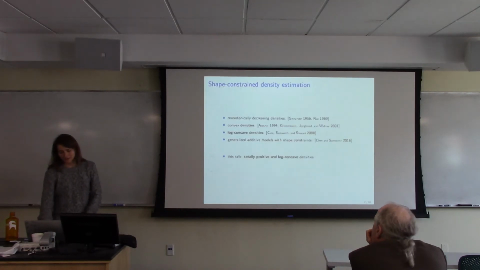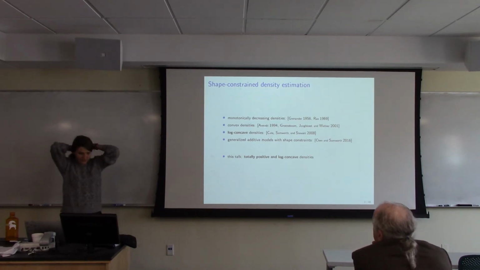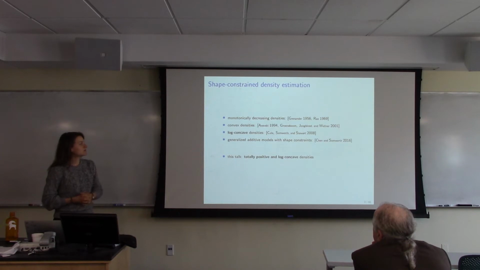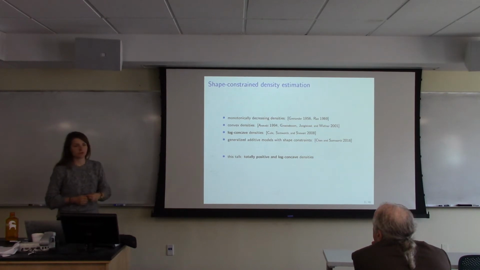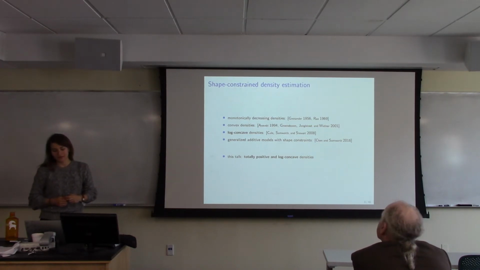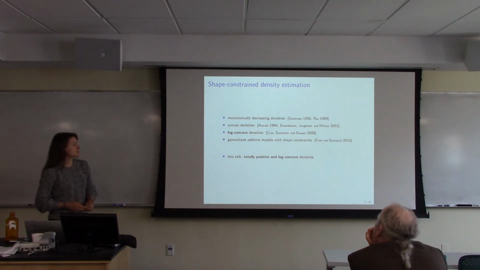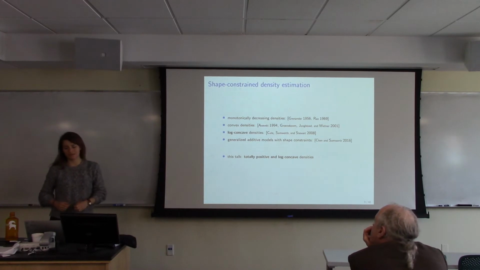Okay. So, as I said, we'll be talking about shape constraint density estimation, and just as a quick overview, here are some types that have been done before. So people have studied monotonically decreasing densities, convex densities, log-concave densities, which is something that I'll actually talk about a lot during this talk, and also generalized models where the density is assumed to be a sum of functions that are monotonically decreasing, convex, and log-concave, and then we'll try to estimate.